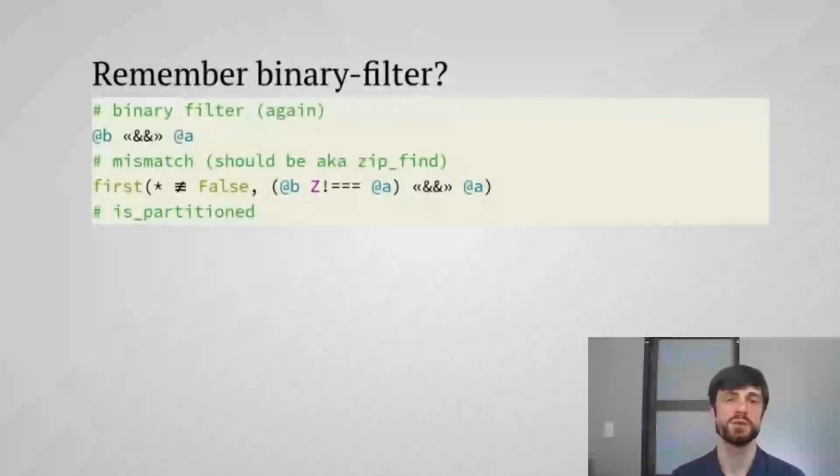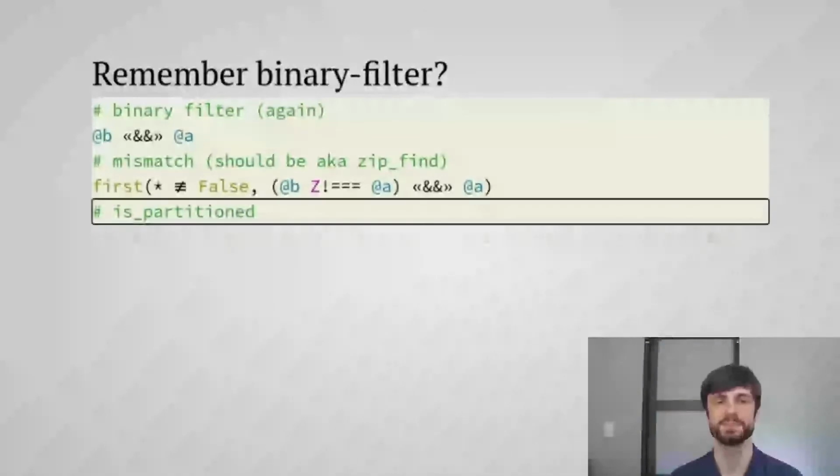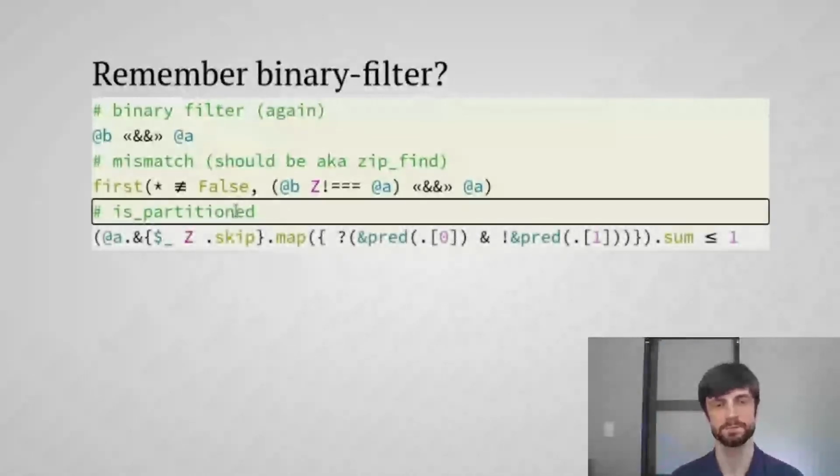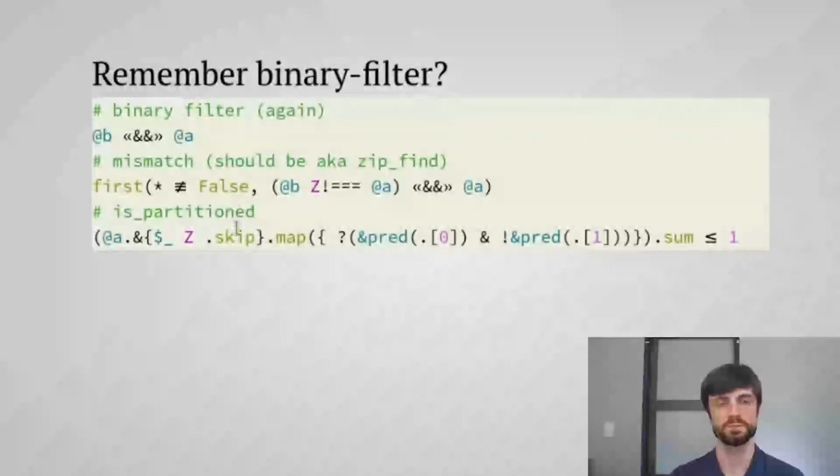First we use our very good friend Ziptail, and we have a list of pairs, and then we map over that list and ask: does the first element pass the predicate, and does the second element fail the predicate? If that is true, then we're at a point where there is a break, and that is our partition point.